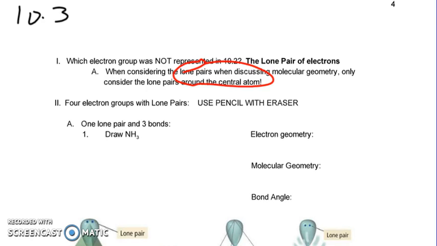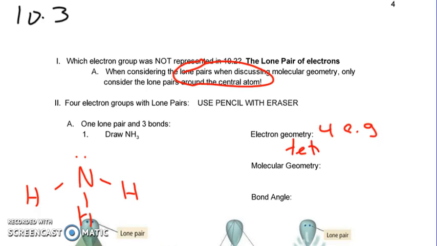There are a couple of things that are going to happen with the 4 electron groups with lone pairs. So let's look at ammonia, NH3. Let's draw it first. Here's nitrogen. We know there's a lone pair, and remember how we knew that this is kind of bent downwards in 3 dimensions. The electron geometry with 4 electron groups is your tetrahedral.